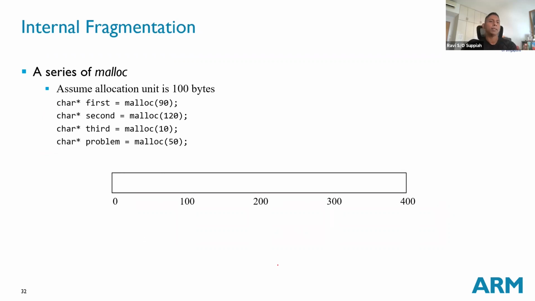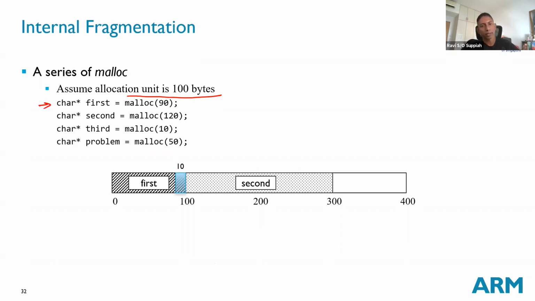For internal fragmentation, it happens when I have a fixed allocation size. Regardless of how much data I need, I always allocate in blocks of a particular size. In this case, the example is 100 bytes. If I want 90 bytes, I will still allocate 100, then I will use 90, but the other 10 is not used. Similarly, if I want 120, I need to allocate 200, but 80 is not used.